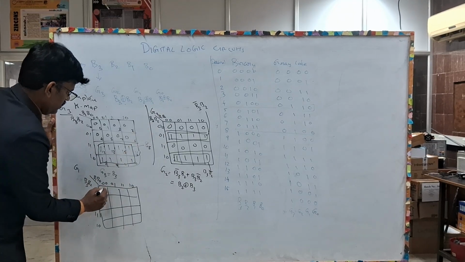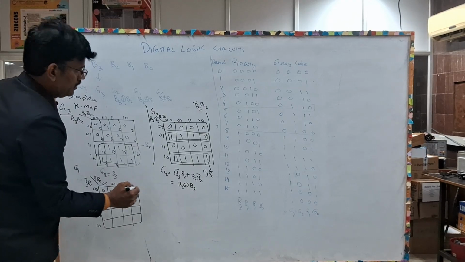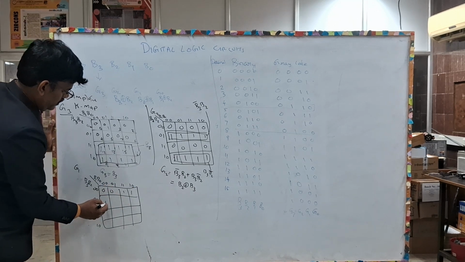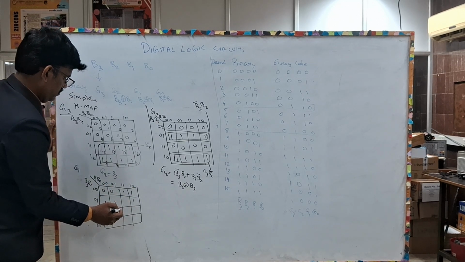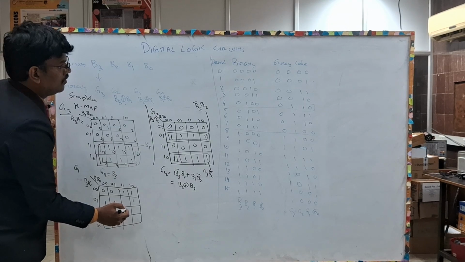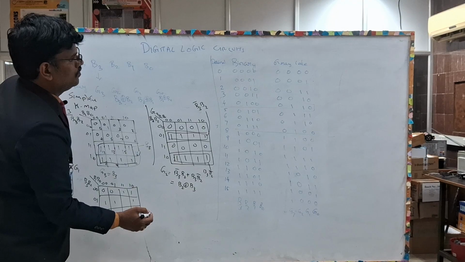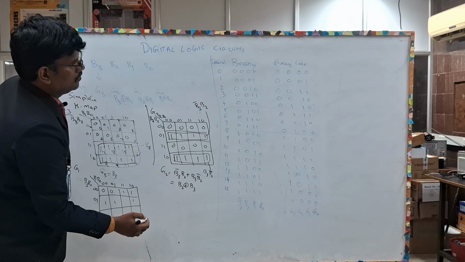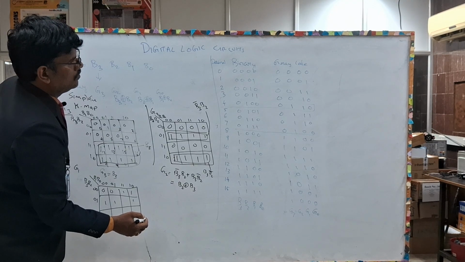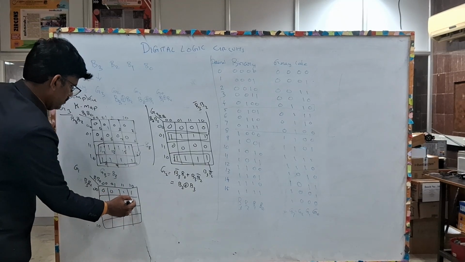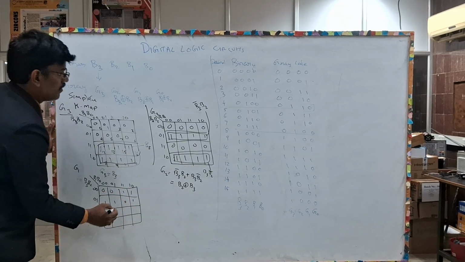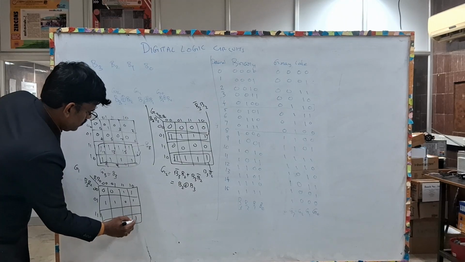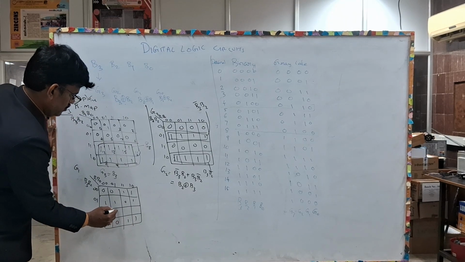For G1 we have 0 0 1 1 and then 0 0 1 1, then we have 1 1 1 0, then 0 0 1 1, 0 0.